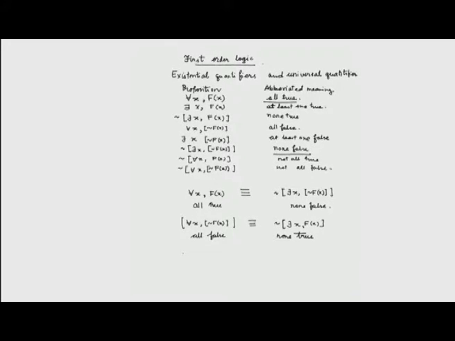The fourth one is not all true. So, that is negation of for all x f x. So, this is not all true, and on the other side we have at least one false, that means there exists x not of f x.